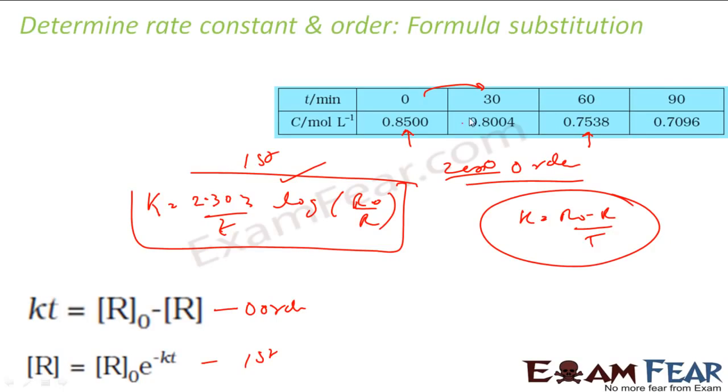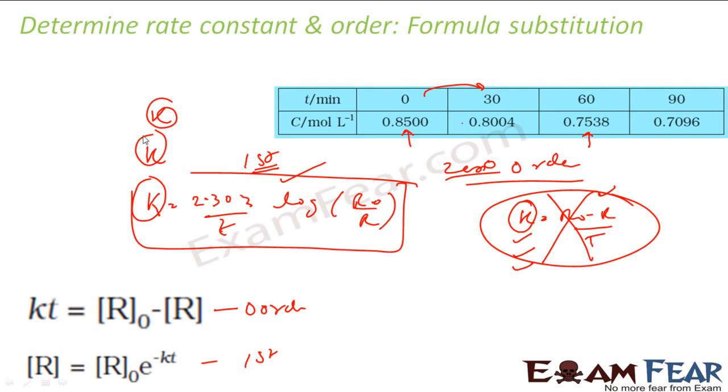So in this case, we assume the equation to be zero order. We try to fit in the experimental values and find values of k for different sets of results. If the value of k is consistent, I say it is a zero order equation. If it is not consistent, we'll assume the equation to be first order. We'll try to fit in the values of the experimental data in this equation, and find different values of k using different values from this data.